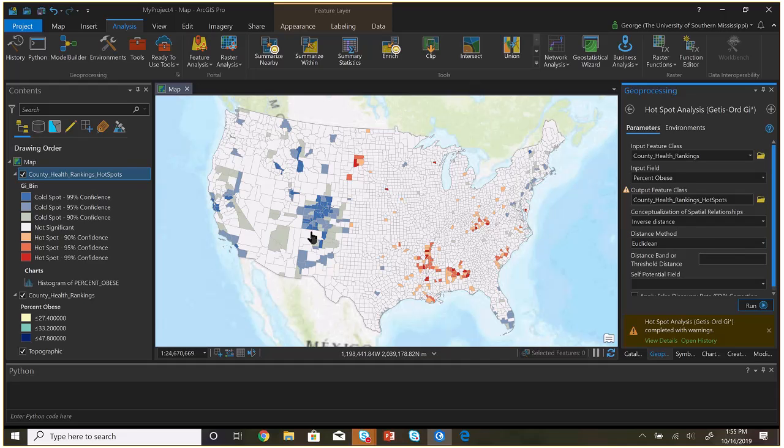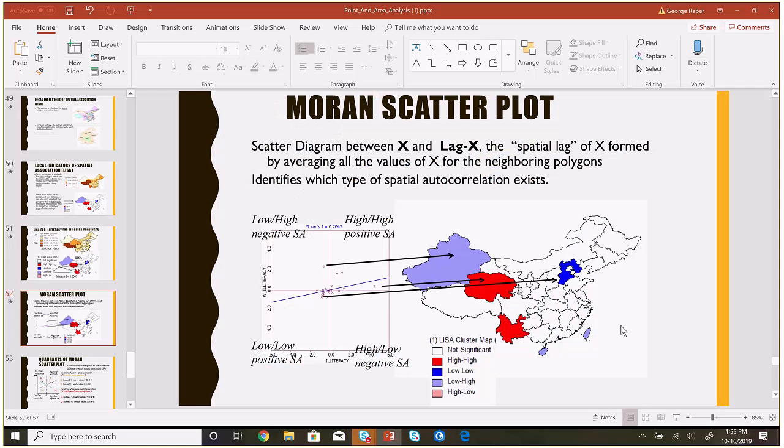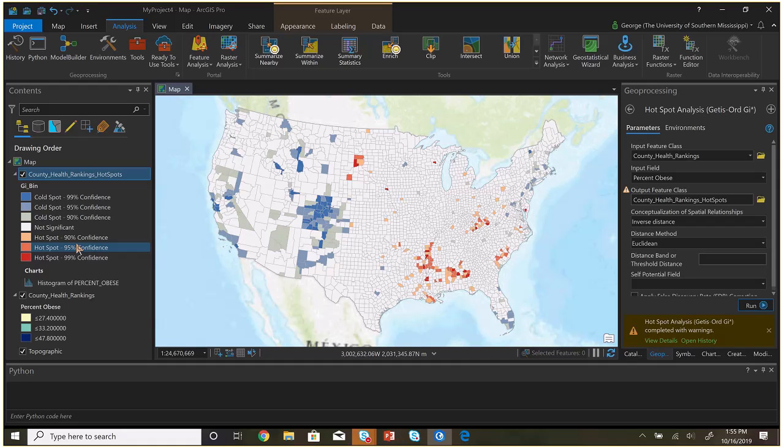All right. So what we see here, we finally have an output. And we actually have a gradation of values here. Here we've just got 2 values. Here we've got 6 values.